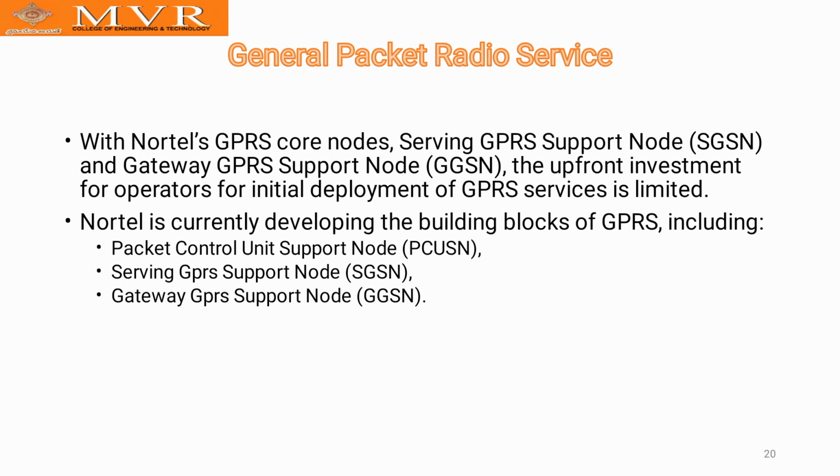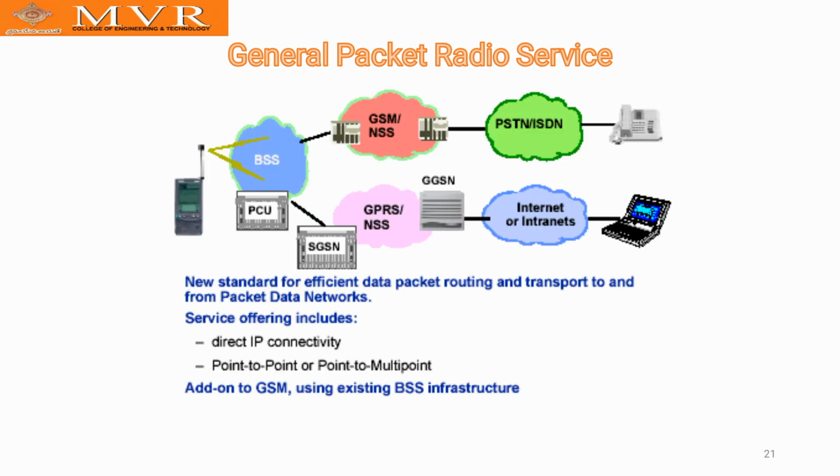It is a current development using the building blocks of GPRS, including the packet control unit support node, PCUSN, the serving GPRS support node, that is SGSN, and the gateway GPRS support node, that is GGSN. These are all the building blocks of GPRS, including the nodes of the GPRS core network.